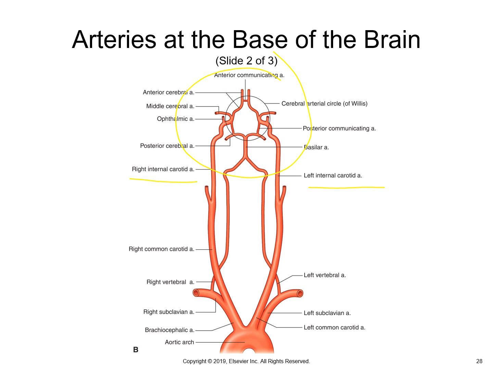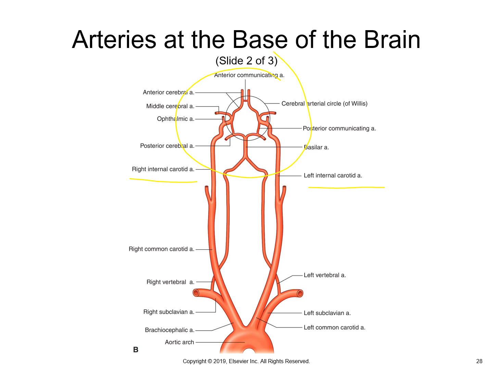And they give rise to the anterior cerebral arteries. And those arteries basically supply blood to the medial portions of the frontal and also the parietal lobes. All right, and they also give rise to the middle cerebral arteries, which supply the lateral aspects of our brain, including motor and also sensory areas.